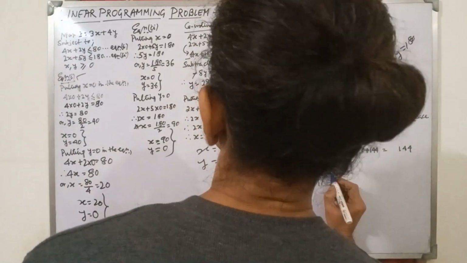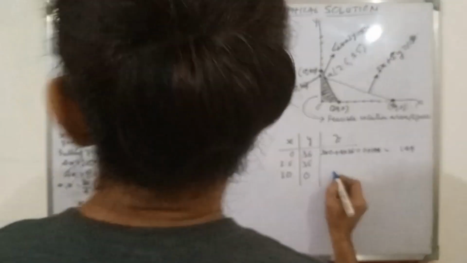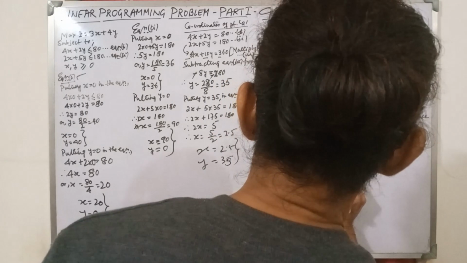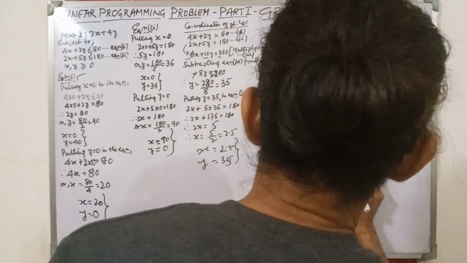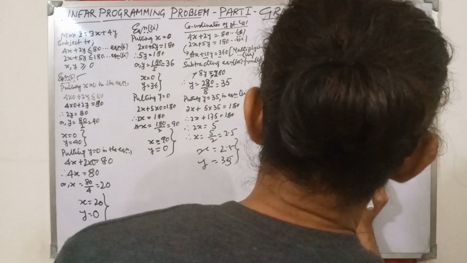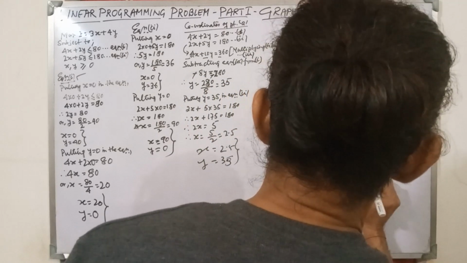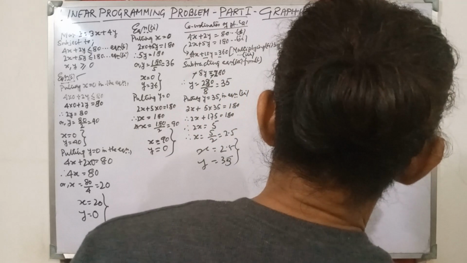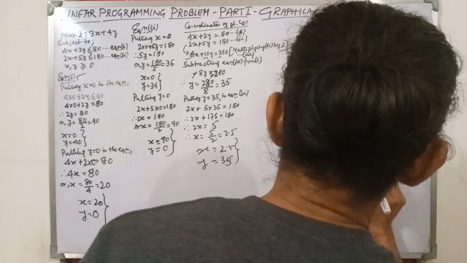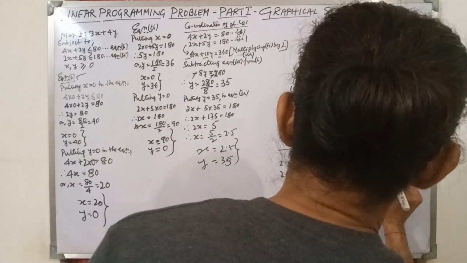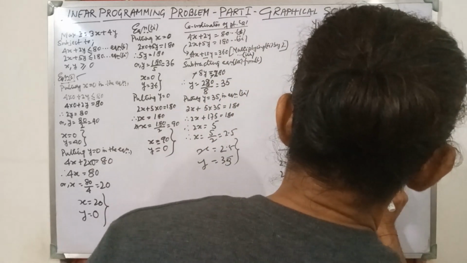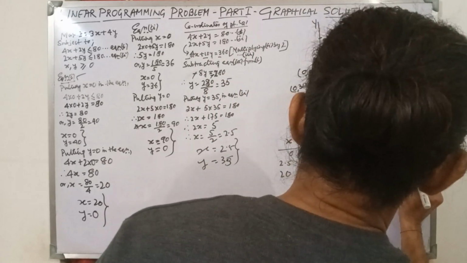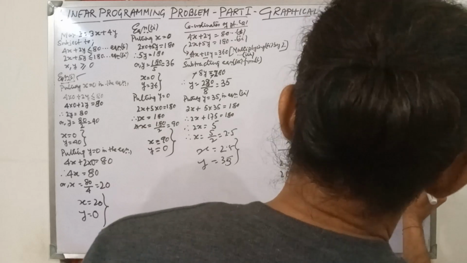Here the value is 3 into 2.5 plus 4 into 35 equals to 7.5 plus 140, that is 147.5.